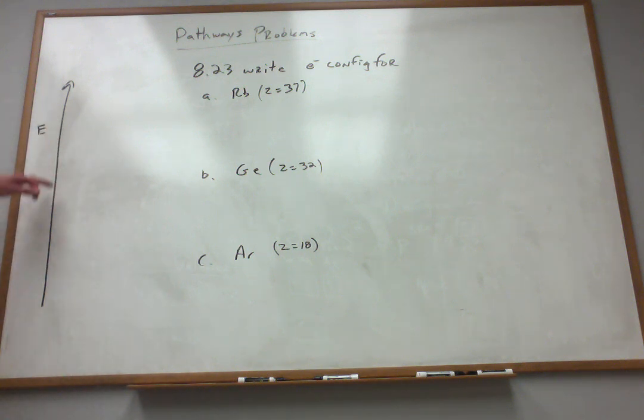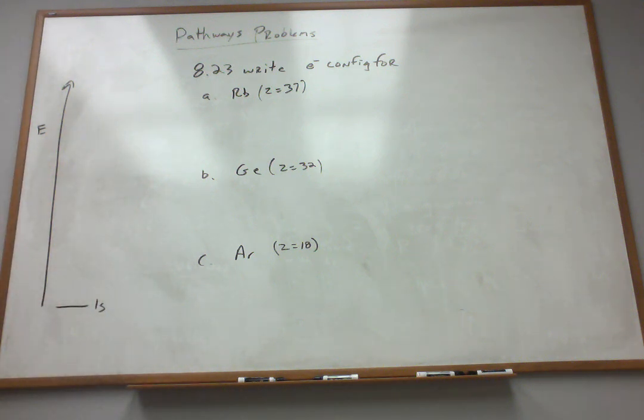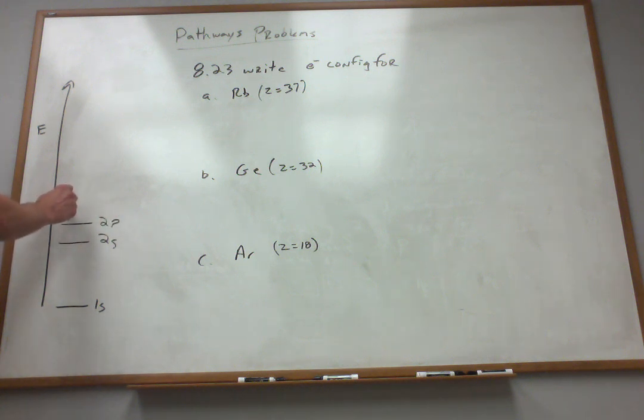Maybe I should just spend a few minutes and write that over here. What it's got is a y-axis, a semi-quantitative energy axis, and down here at the bottom is the 1s orbital. Then up a little ways is the 2s orbital, followed by the 2p, and then up a little ways from there is our 3s, and then 3p, and so on, okay?